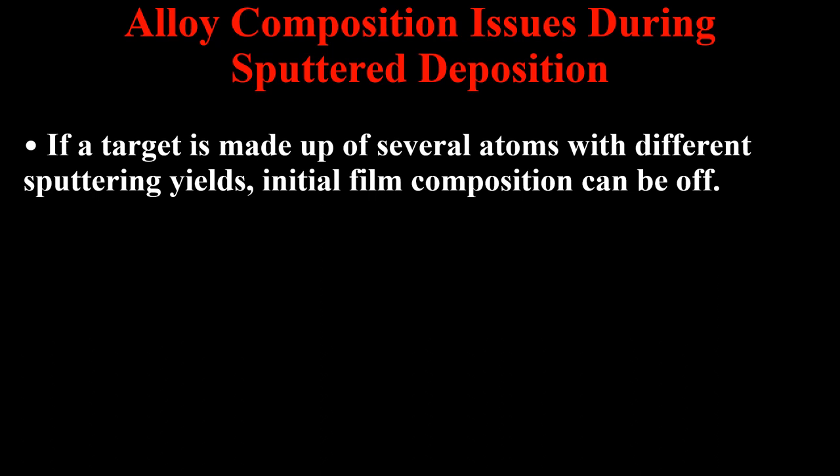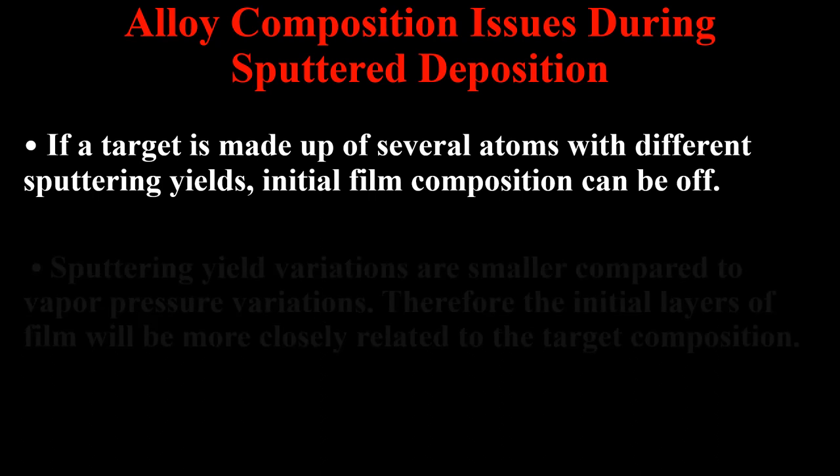As a result, the actual composition which we want to get will be very difficult to achieve, and initially we will get a non-uniform or different composition of thin film than required. So we will get a different film than the required film.